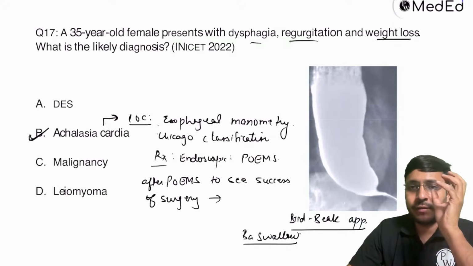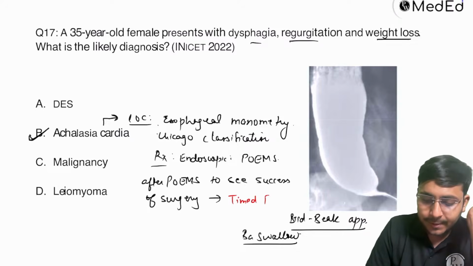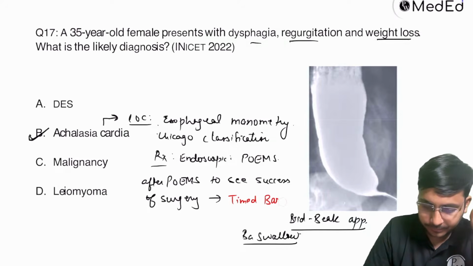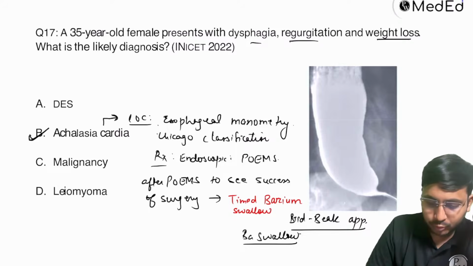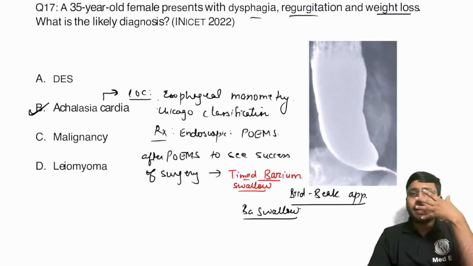Post POEM, what type of investigation do you do? Now you do something known as timed barium swallow. Timed barium swallow. So what happens is that you ask the patient to drink barium, right?